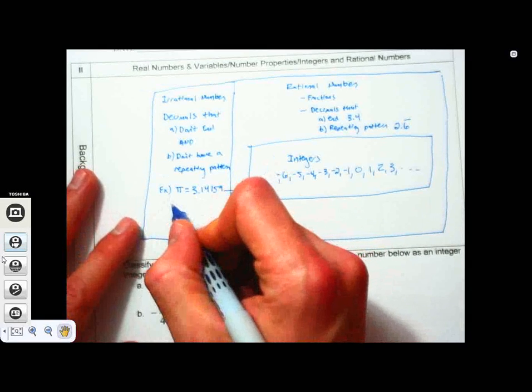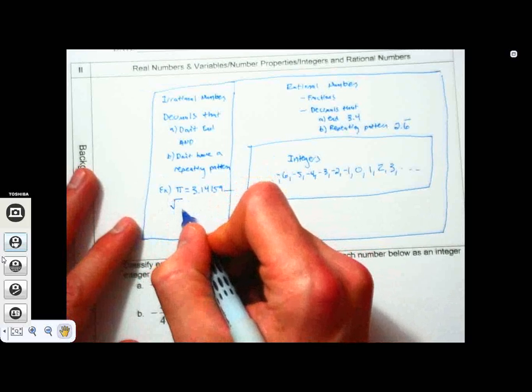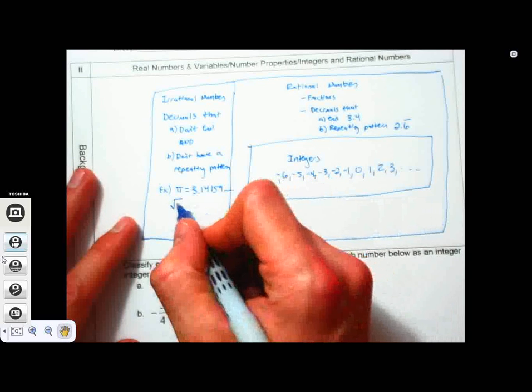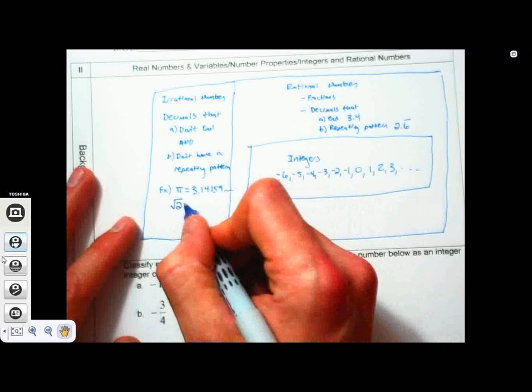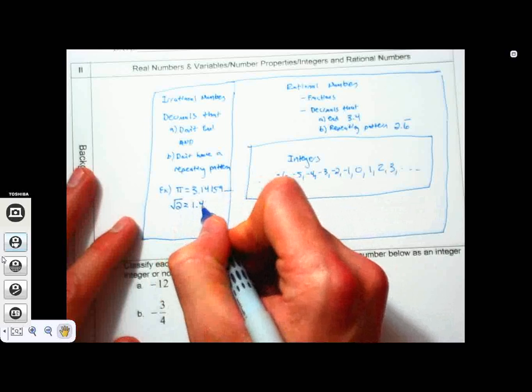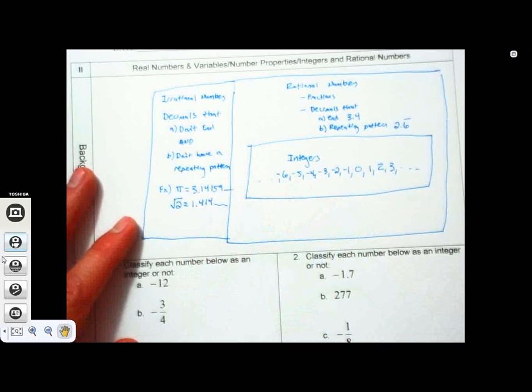Other examples of irrationals, common examples, are some square roots. Well, square roots that you don't know, that don't have whole number answers. So, for example, the square root of 2 is irrational. If you wrote this out as a decimal, it would be 1.414, and then it would go on forever without a repeating pattern.